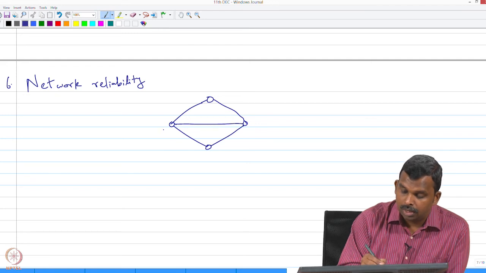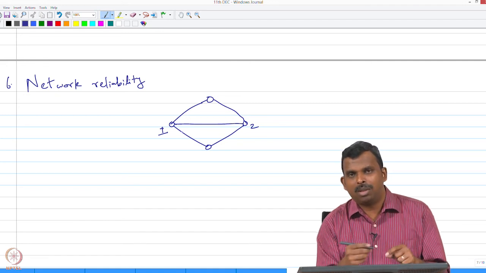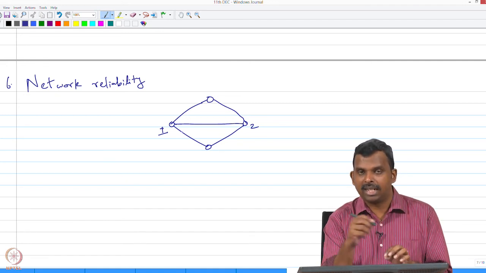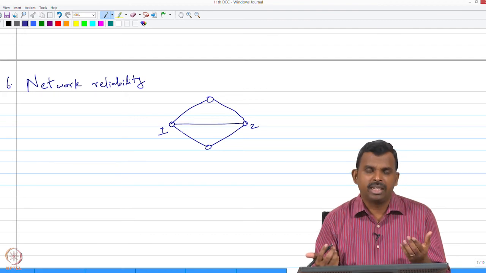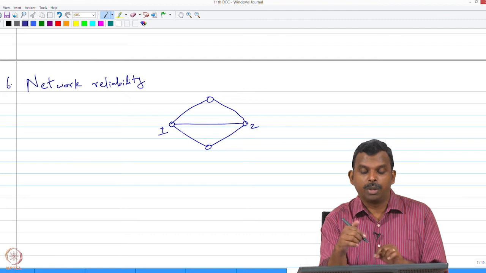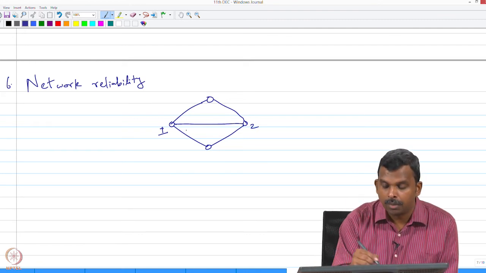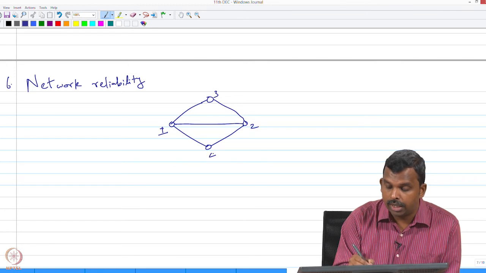Okay. So, this is let us call it point 1 and point 2. So, this is just a network, I am just drawing these nodes and connecting them with lines. You can think of them in various ways. So, for instance, these could be cities in a map, and these could be roads that connect them together. Okay. So, 1 and 2 are connected directly, or they are connected through 3, or they are connected through 4.